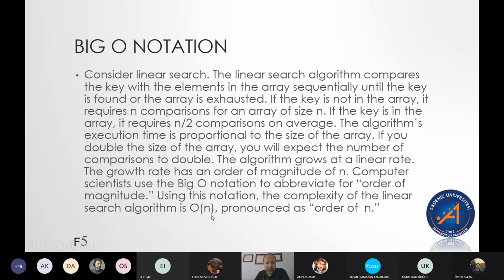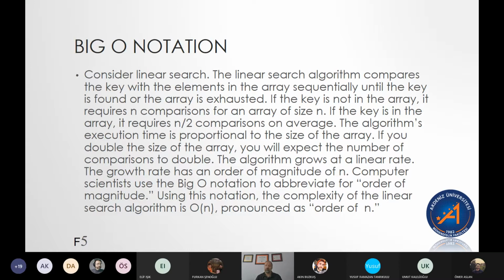Let's look at a simple example, the linear search algorithm. We would call that big O of n. The reason is that for an array or a list of size n, to find a value in that array, we have to search through potentially every value.